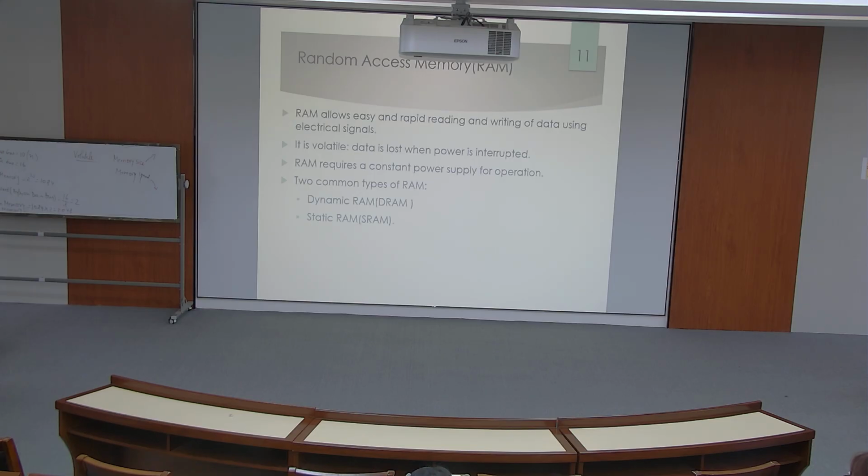Now we're going to talk about different types of memory, starting with random access memory, RAM. RAM allows easy and rapid reading, as well as writing, of data using electrical signals. It is a volatile memory, which means the data is lost when the power is interrupted.